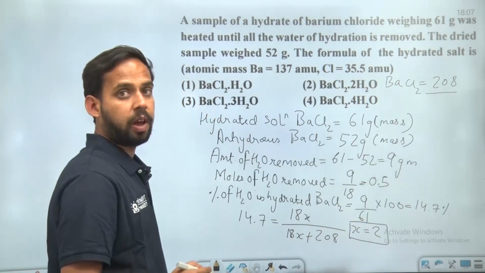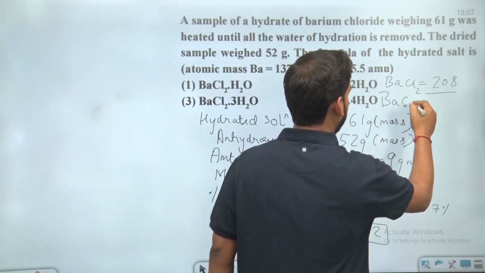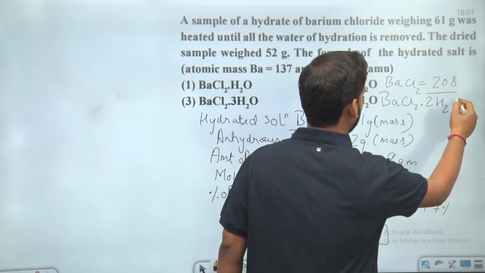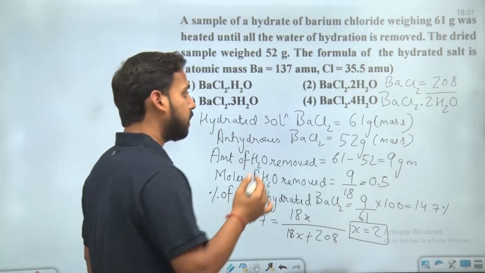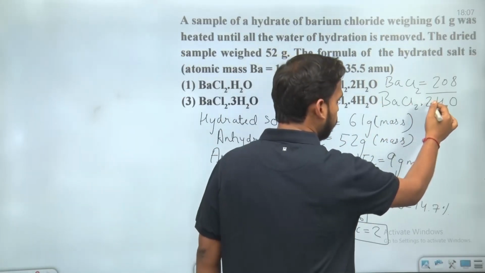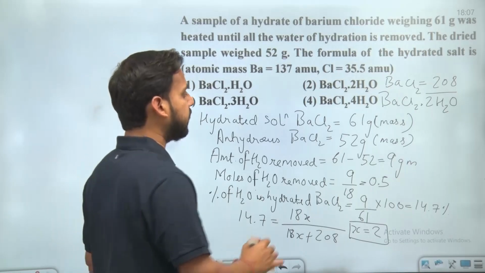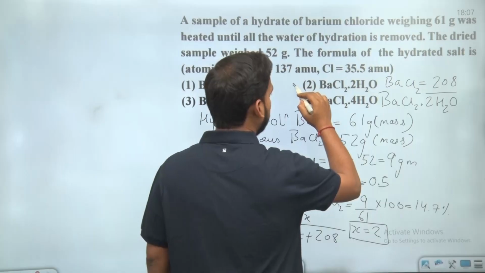So the molecular formula will become BaCl2 dot 2 moles of water. At the starting we assumed BaCl2 dot x moles of water, so finally we get x to be 2. So it is BaCl2 dot 2H2O. So our correct option is option number 2.